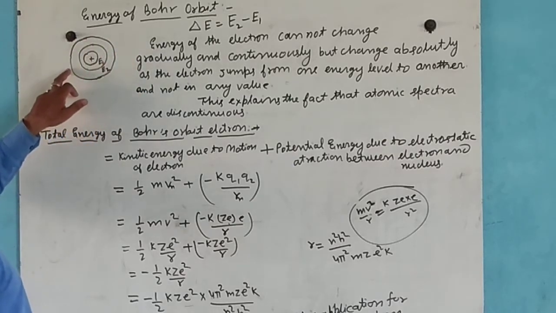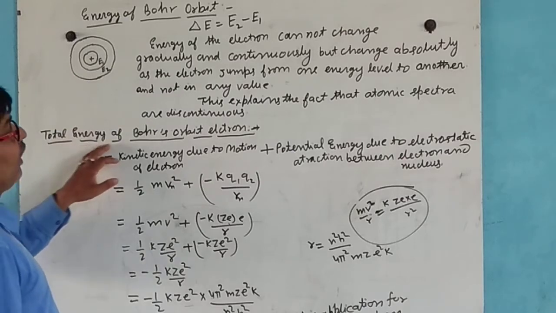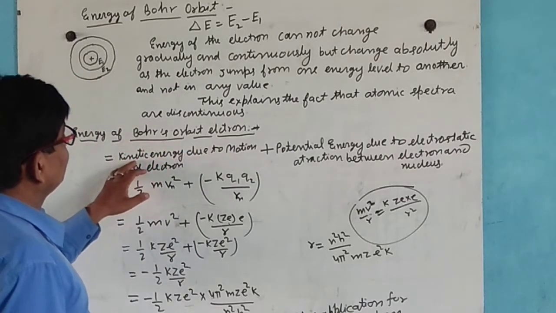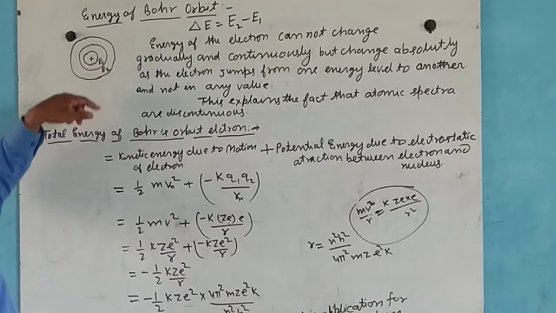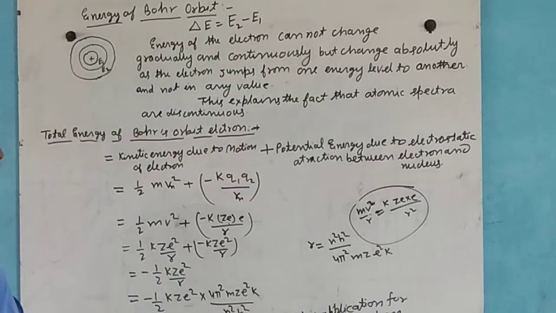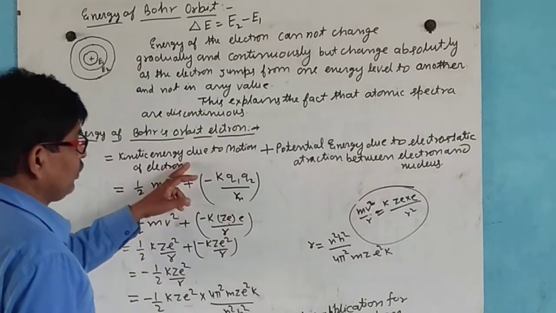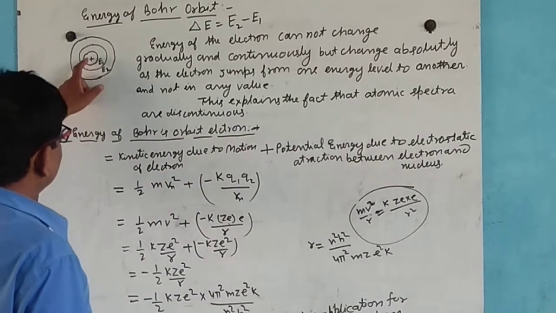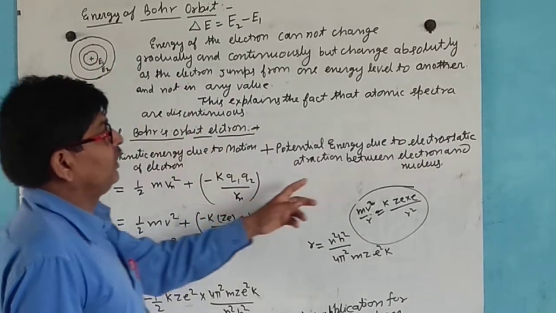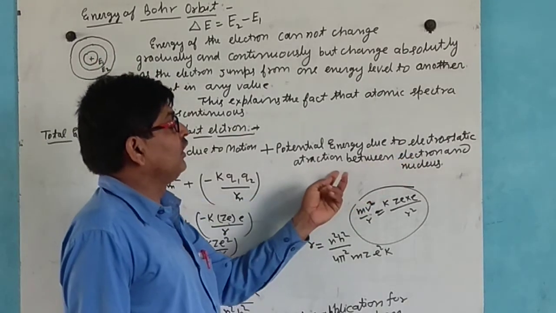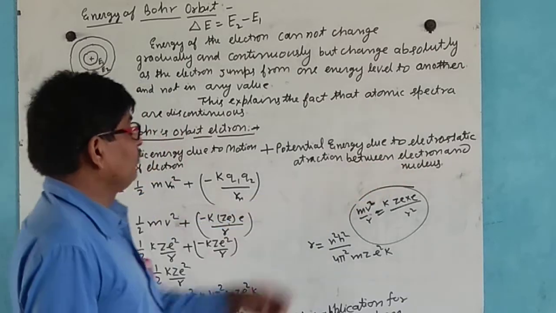Now total energy of the Bohr orbit electron. This electron revolves around this orbit, so that total energy of this orbit electron equal to kinetic energy due to motion of electron plus potential energy due to electrostatic attraction between electron and nucleus.